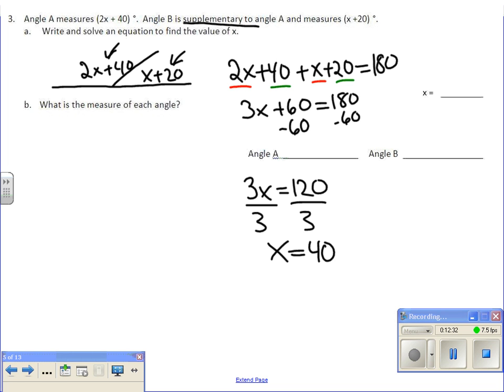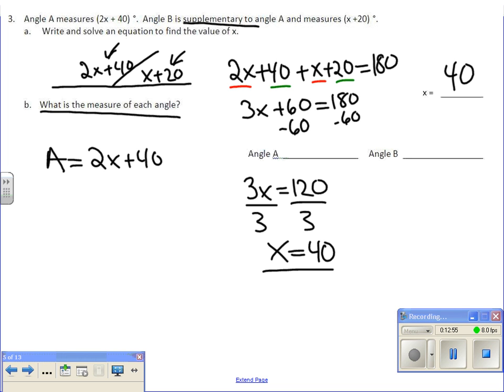So this right here is just what x is equal to. Okay? That's not my angle measurement. It's just what the variable is. So now I'm going to have to go back and find out what the measure of each angle is. To find out what angle A is, it's equal to 2x plus 40.